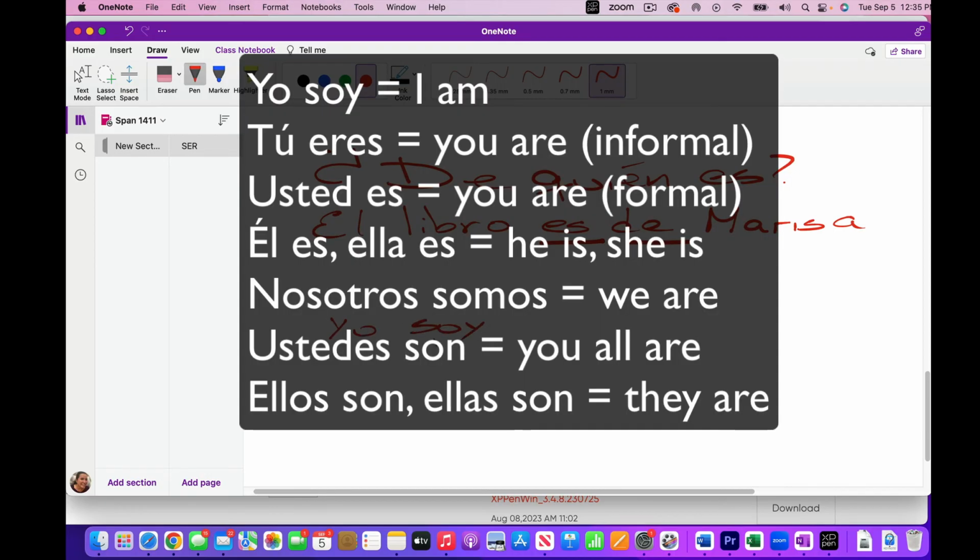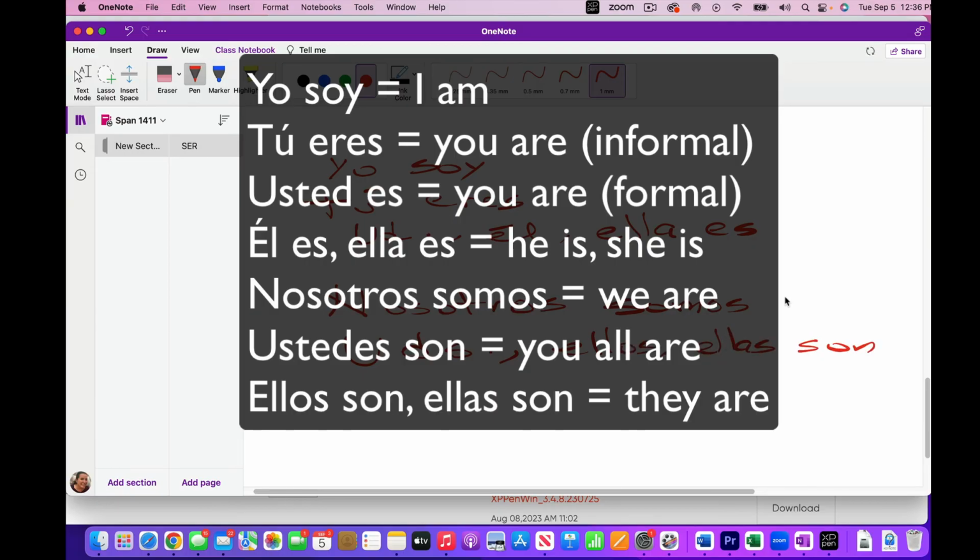Yo soy, tú eres, usted, él, ella, es, nosotros, somos, and then ustedes, ellos, ellas, son. So you must know this by heart. And then you can start making sentences.